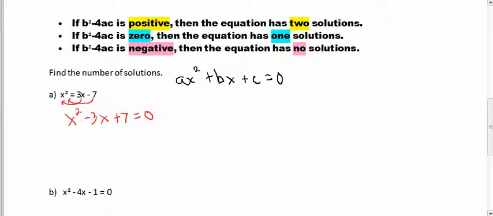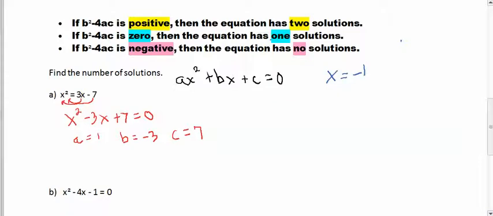Now is this in standard form? Ax squared plus bx plus c, it is. So my a is 1, my b is negative 3, and my c is positive 7. Then again, we need to use our discriminant. We're only using what's inside of the square root in the quadratic formula.